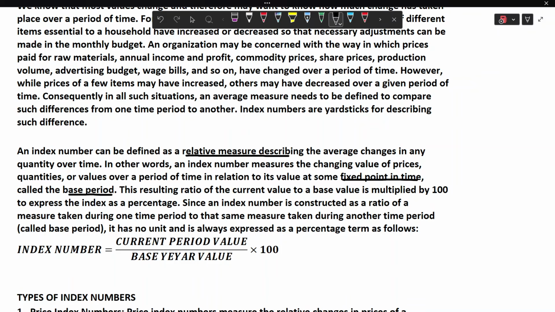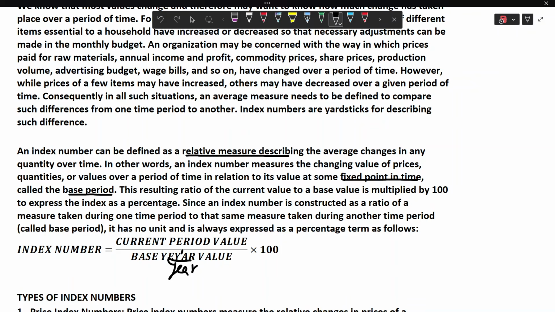Index number is given by your current period value divided by the base year value times 100. So basically what the index number is trying to tell us is the relative changes of the same item over a given period of time.